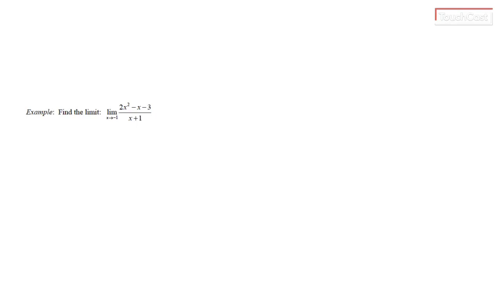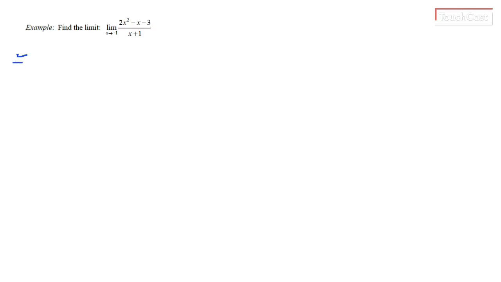So we're going to evaluate this limit using factoring and canceling. You probably always want to try substitution, but we just tried substitution and we had a 0 divided by 0 problem. So we're going to rewrite this expression.